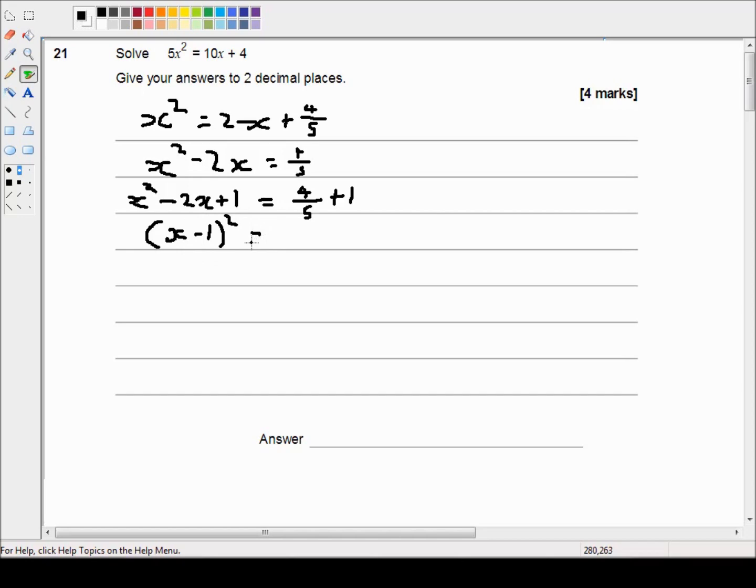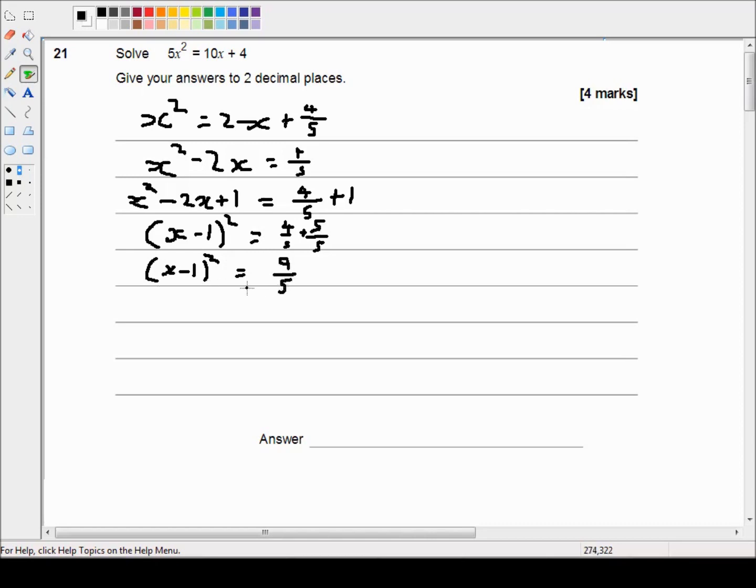And that's equal to 4 over 5 plus 1. I'm going to make the denominators the same, so I'm multiplying the 1 by 5 over 5. 5 over 5 is still 1, anything divided by itself is 1, so this hasn't changed. But now I can add the numerators, you see. So this is x minus 1 squared is equal to 4 plus 5 is 9, so this is 9 over 5.